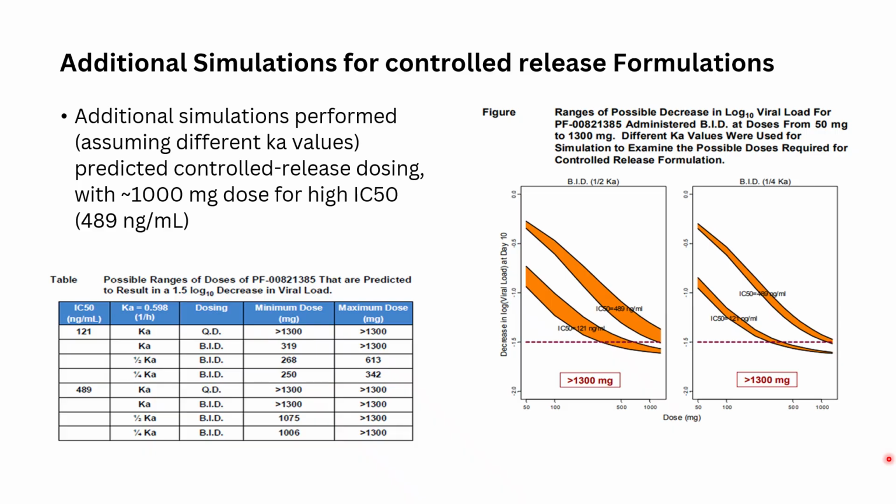The results suggested that a dose of about 1000 milligram was required for the high IC50 target to meet the requirement of 1.5 log reduction in viral load. So these simulations are critical to show the challenges in achieving a therapeutically effective dose.